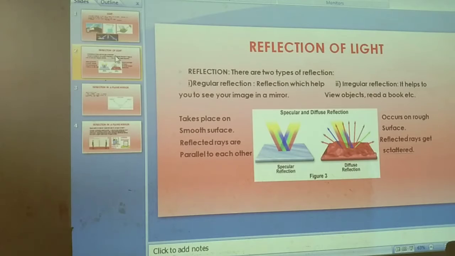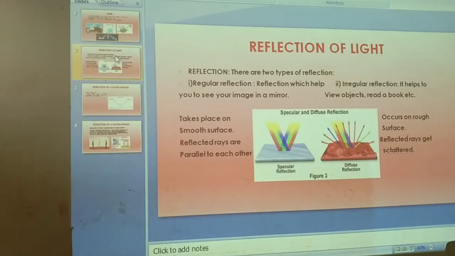You have studied in class 8, again I am repeating, we are just revising. The reflection which helps you to see your image in a mirror is regular reflection. The reflection which helps you to view objects, read a textbook, or see what you are observing through mobile, all these are due to irregular reflection.